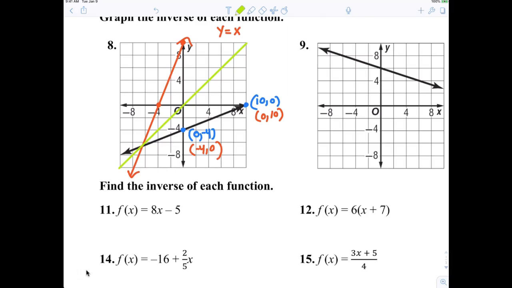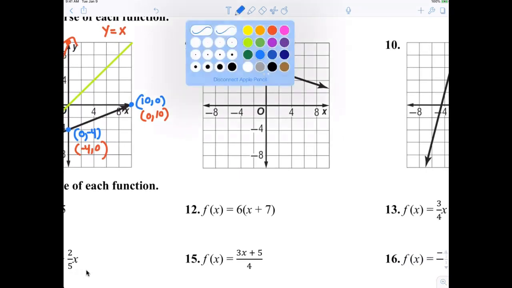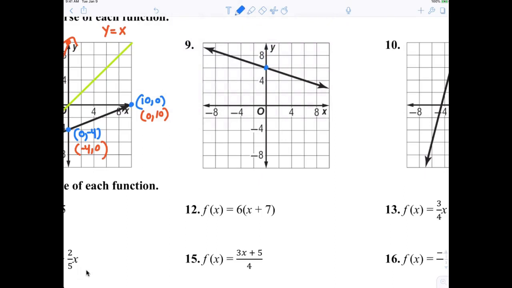Let's look at number 9. Let's go ahead and do 9 together. We're trying to identify 2 points. There's one right there, and there's a good one right there. If you choose this one over here, it's fine. This one looks like (6, 4).